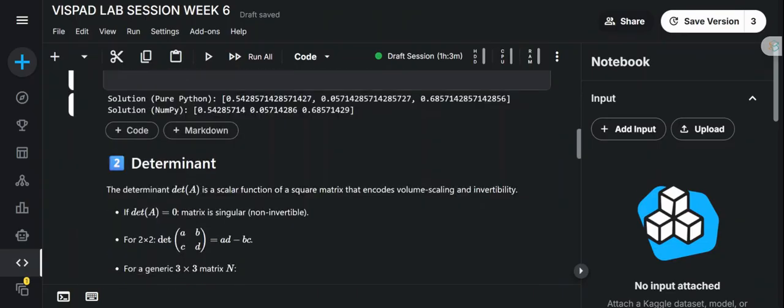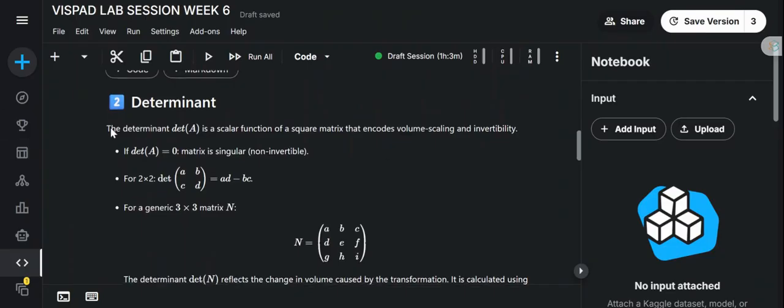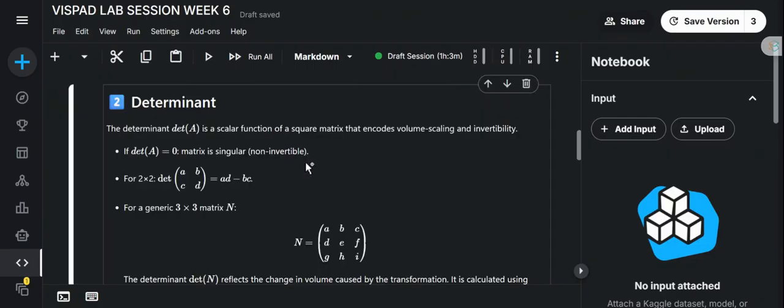That's the connection between the determinant and the inverse of a square matrix. It's even stated over here: if the determinant of a matrix equals zero, the matrix is singular, that is non-invertible. So every square matrix that has a determinant of zero does not have an inverse. It's that simple.